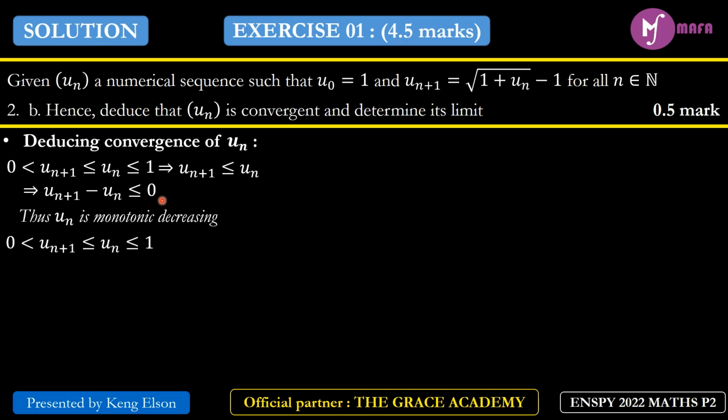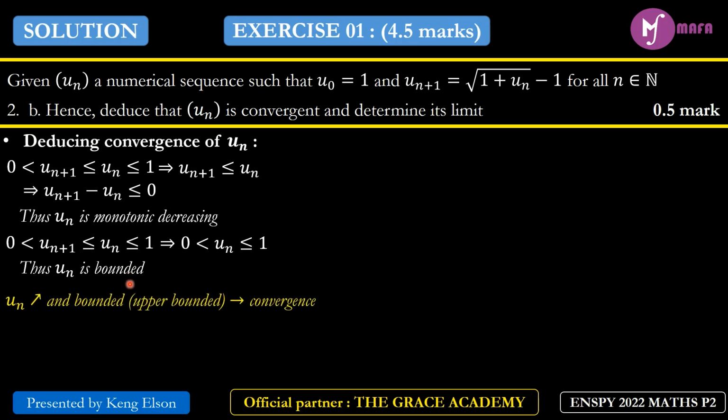Now we also have that 0 is less than or equal to un plus 1 less than or equal to un less than or equal to 1. It means that the sequence un lies between 0 and 1. Okay, so from here we can see that the sequence un is bounded. Now follow this: if the sequence is increasing and bounded, it converges.